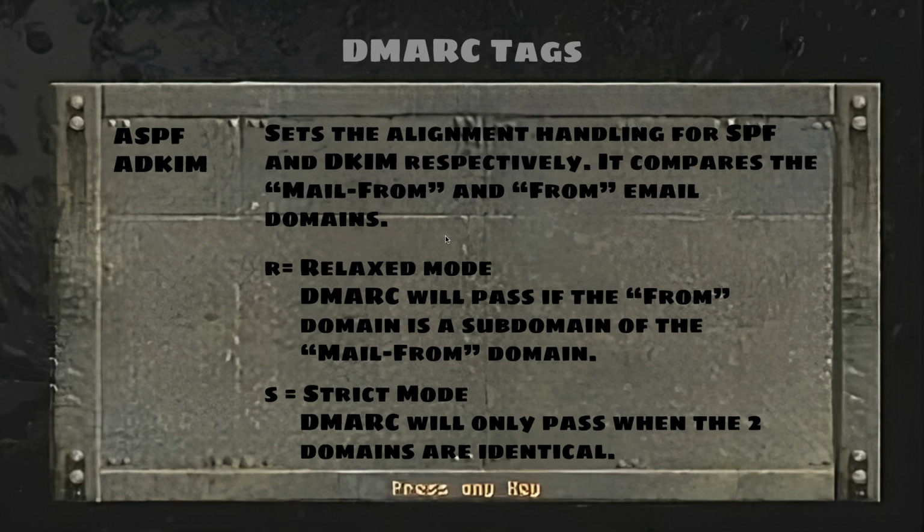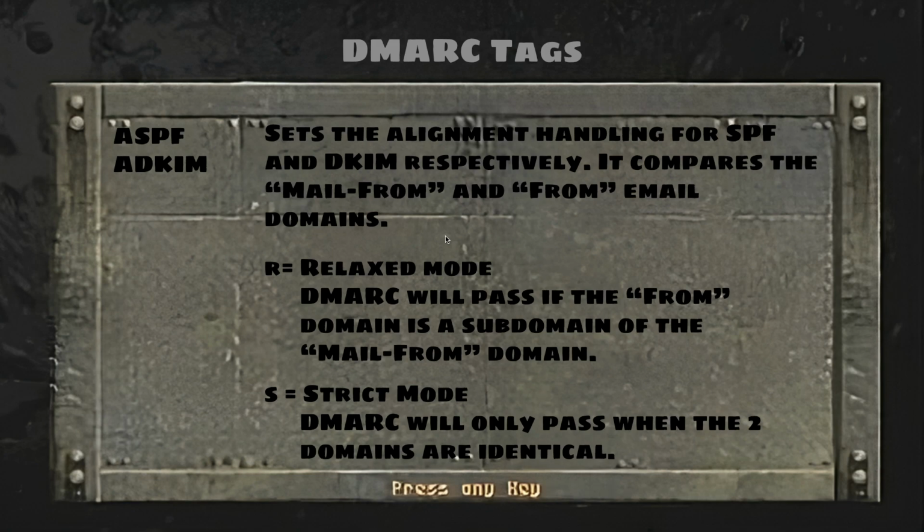Relaxed mode will pass if the from domain is a subdomain of the mail from domain. So if your mail from domain is mail.com and your from domain, this is very confusing, wonderfully confusing, might be subdomain.mail.com, relaxed mode will pass that.